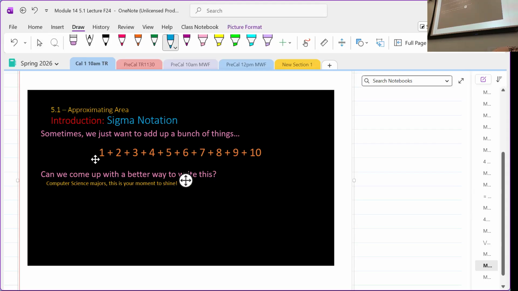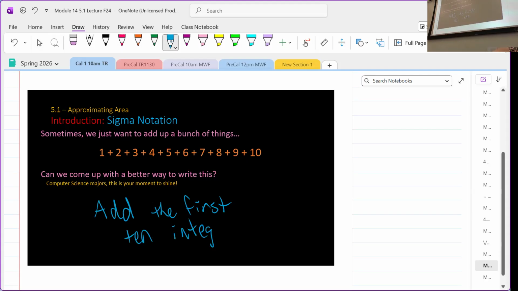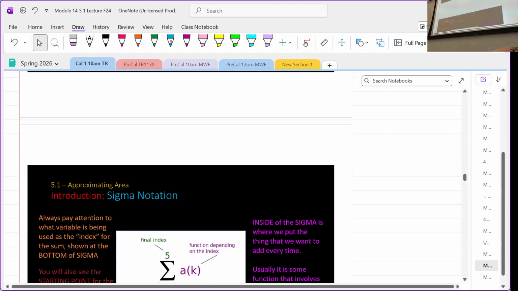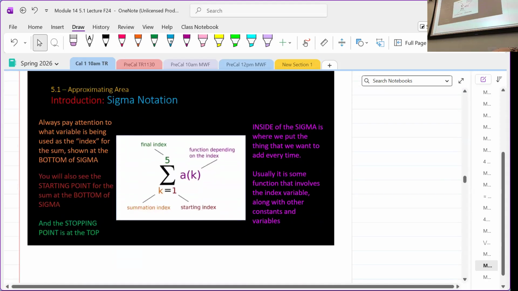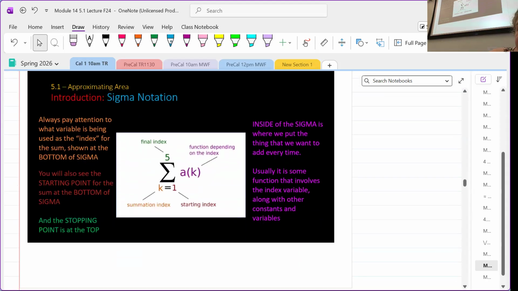So when we're doing 1 plus 2 all the way up to plus 10, in words, we're saying add the first 10 integers. So the sigma notation is another way to write this.